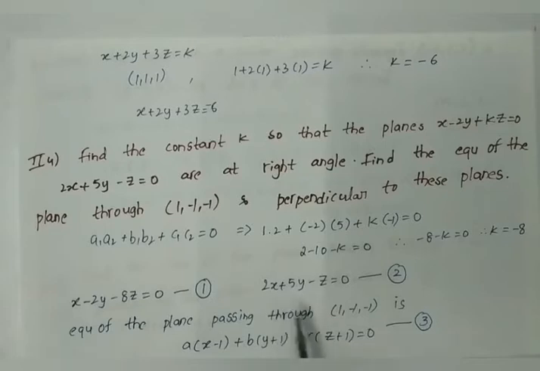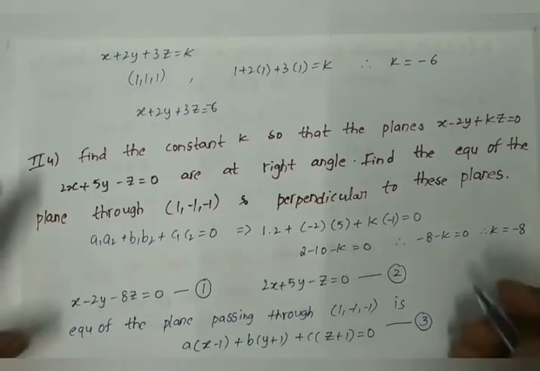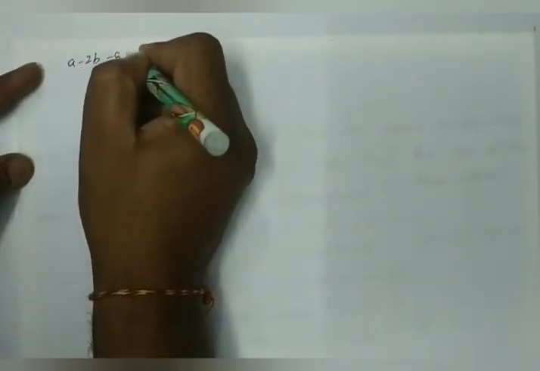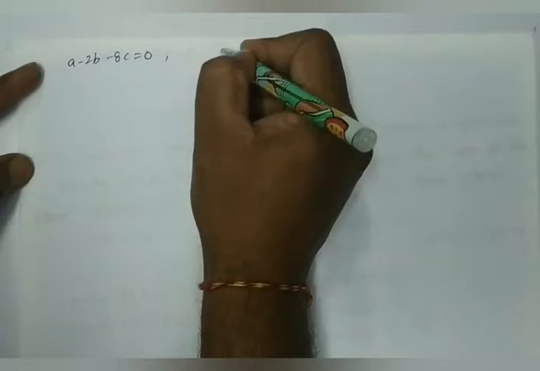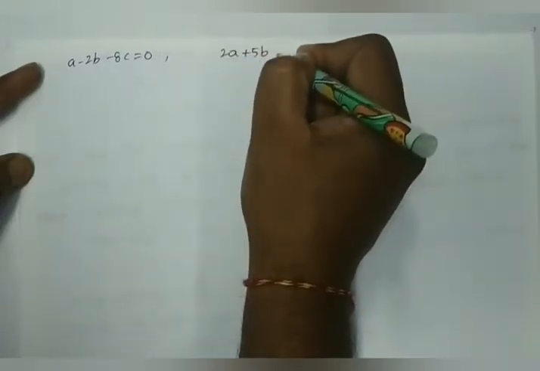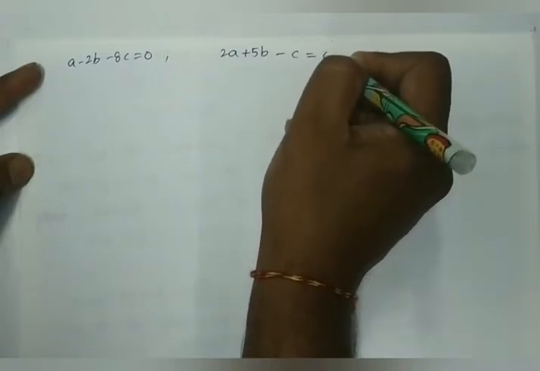So already we know that if a plane is perpendicular to planes 1 and 2, then we replace x, y, z with a, b, c. So planes 1 and 2 become a minus 2b minus 8c is equal to 0, and 2a plus 5b minus c is equal to 0.